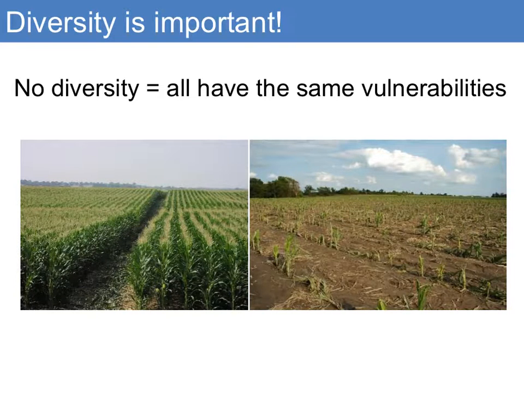And this is exactly what's happened with bananas. The banana that most of you are familiar with is called Cavendish. It was developed by selective breeding. It travels well. It doesn't bruise easily.